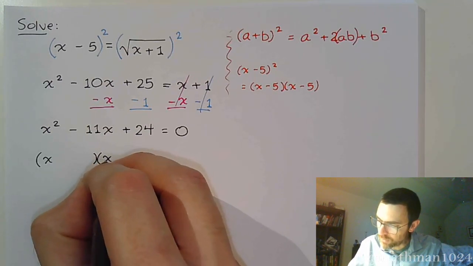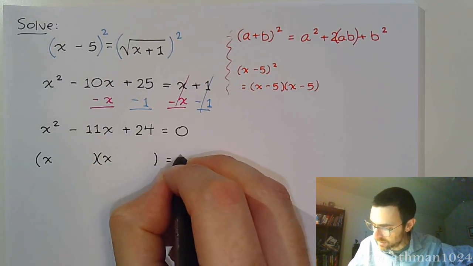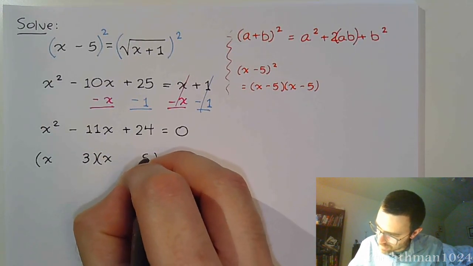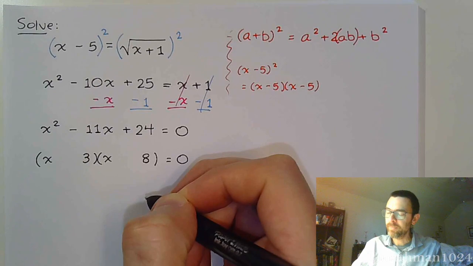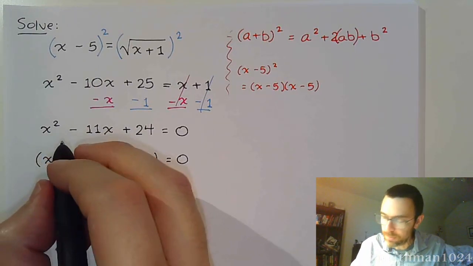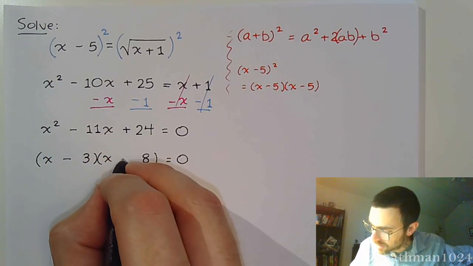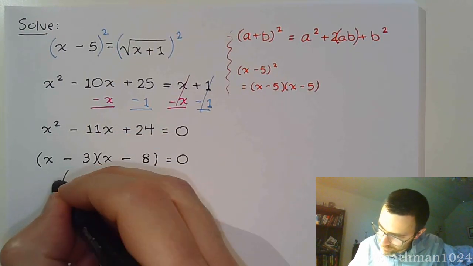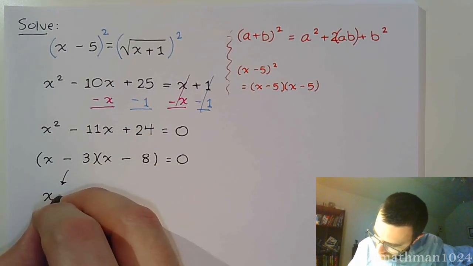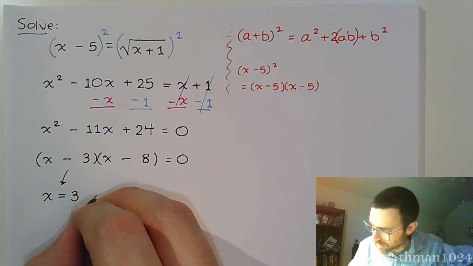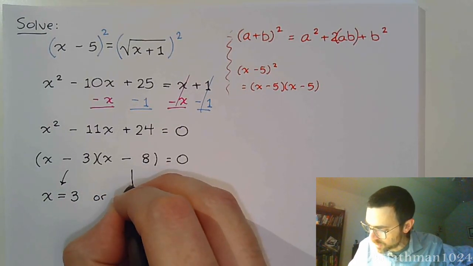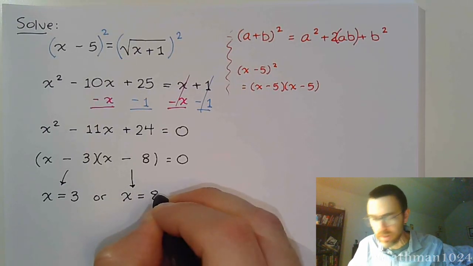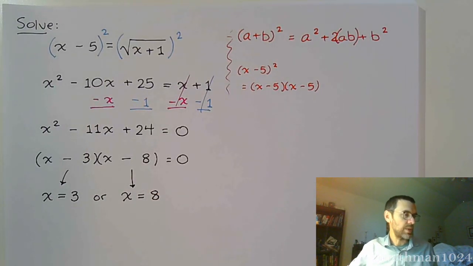Because those factors of 24 that add to 11 are 3 and 8. And so we play around with the numbers here and the signs. Both of these guys are going to be negative. So from here, that means x equals 3, or the other option, from x minus 8, means that x is equal to 8.